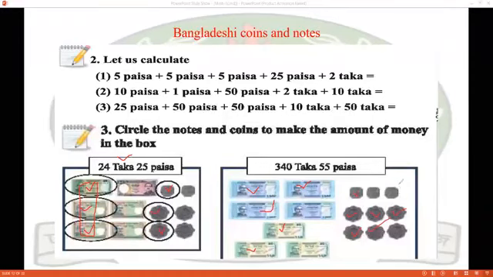Here you can select 3 5 paisa, then 4 10 paisa. In this way, you can select 55 paisa. So there is a different way for you. You can choose it.